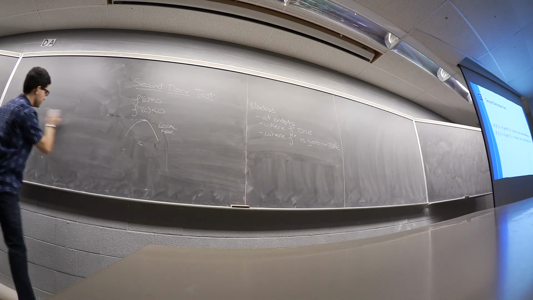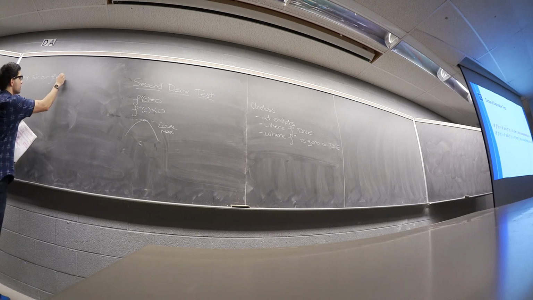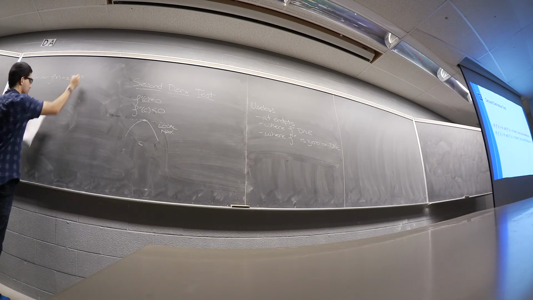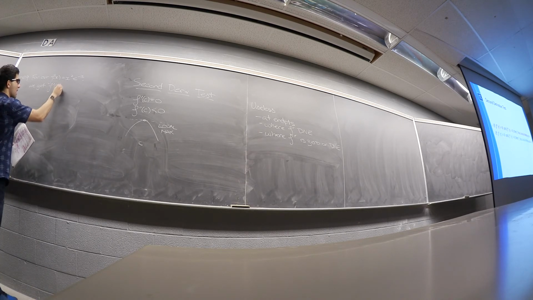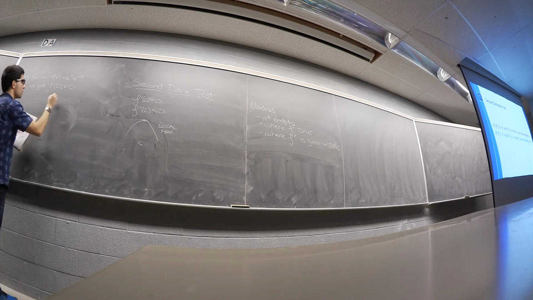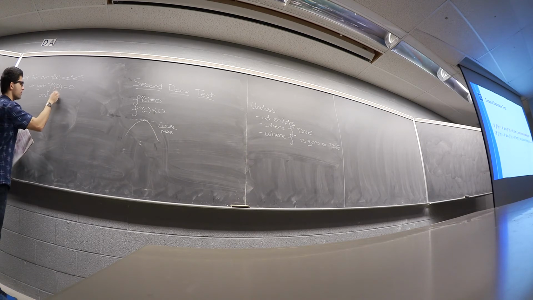So for our example, x squared e to the minus x, we found last time that the first derivative was 0 at 0 and at 2.